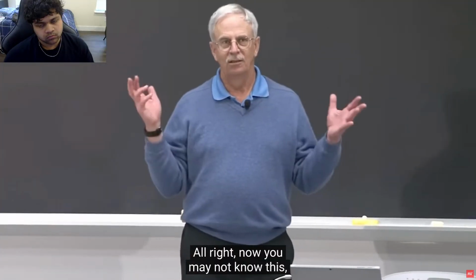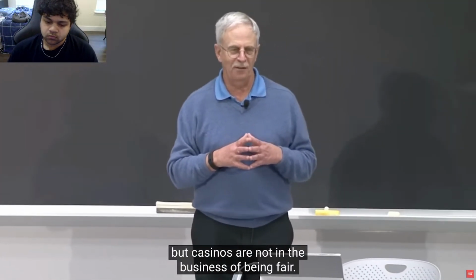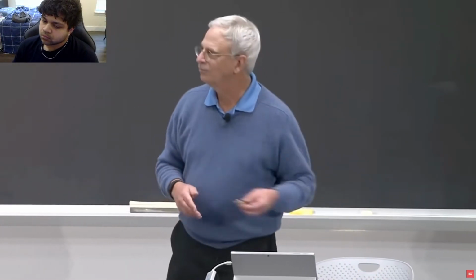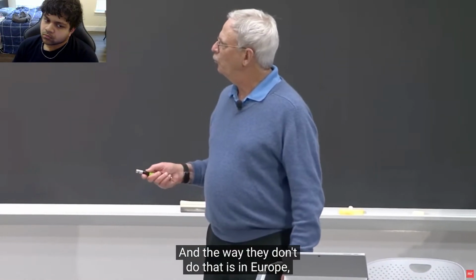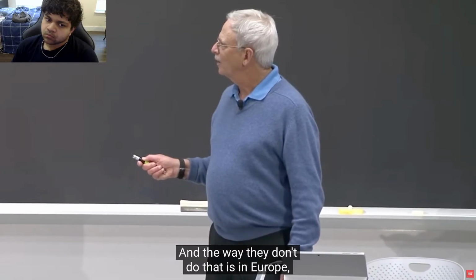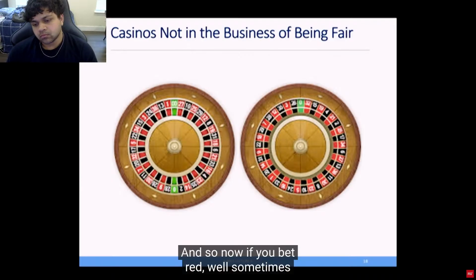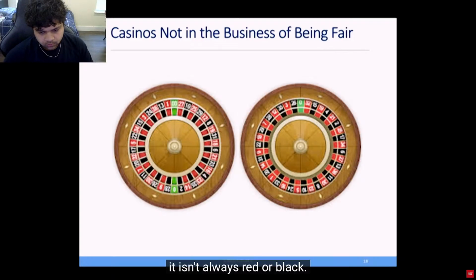All right, now, you may not know this, but casinos are not in the business of being fair. And the way they do that is, in Europe, the wheel isn't all red and black. They sneak in one green. And so now if you bet red, well, sometimes it isn't red or black.